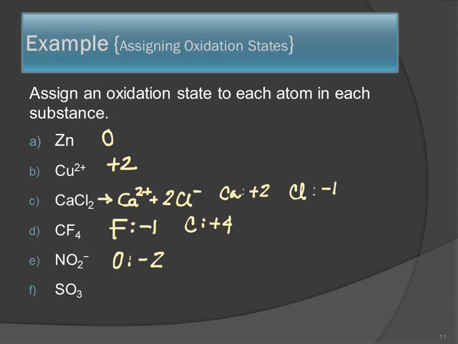So this one is a little more complicated because there's a charge involved. So we've got 2 times the oxidation state for oxygen plus the oxidation state for nitrogen. There's only one of them. I'll call it X. And that has to add up to -1.